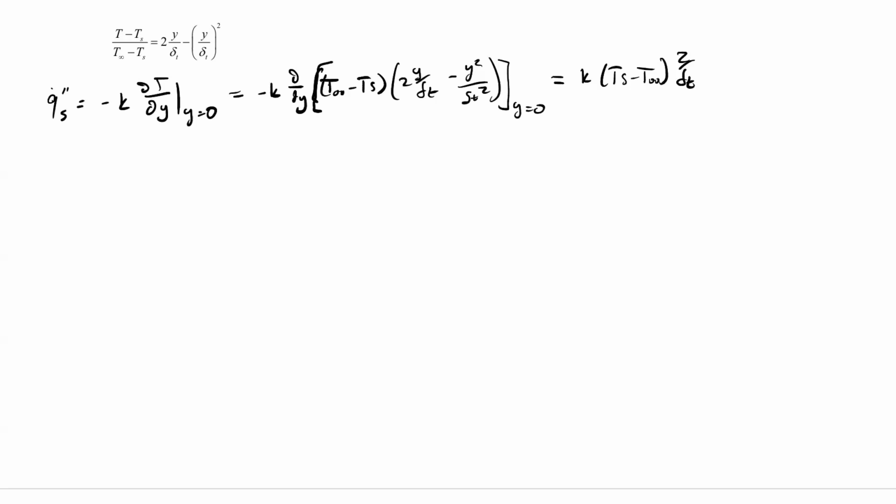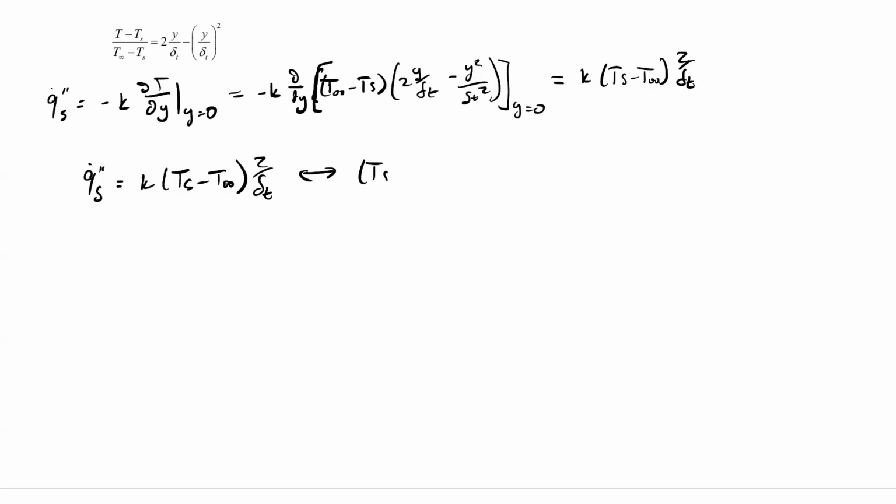The kind of cool thing about this integral approach is that it's really flexible. As long as I have a relationship to go back and forth between q dot double prime S and T infinity minus Ts, I can use either one. I just have to keep in mind what's varying. So I could use this relationship where q dot double prime S is equal to k times Ts minus T infinity times 2 over delta T. This is equivalent; we can use it either way.